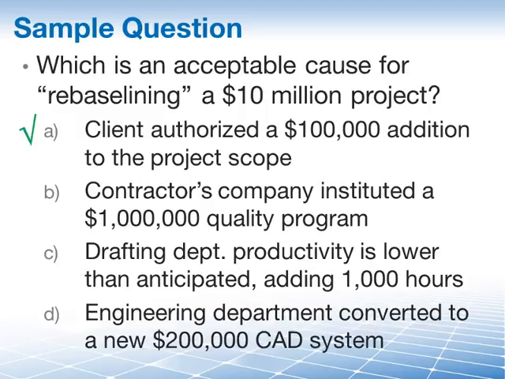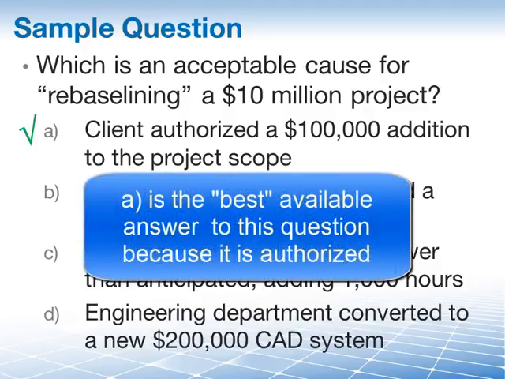Well, A is the correct answer because the client approved the change. The other situations were not agreed to or built in cost overruns. So even though A is not really a major change on a $10 million project, this is the best answer because it's the only authorized change that we are having here as answers.